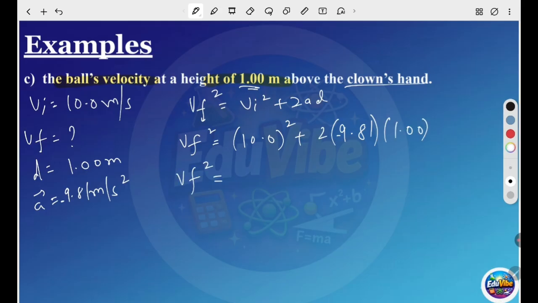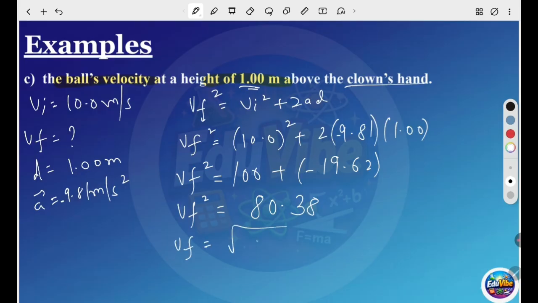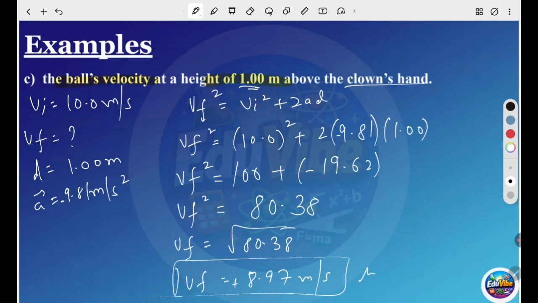Vf square is equal to 100 minus this, so we get 80.38, and we take the root of this, and we get 8.97 meter per second. It is again positive, so it is in the upward direction. So this is your final velocity at the height of 1.00 meters.